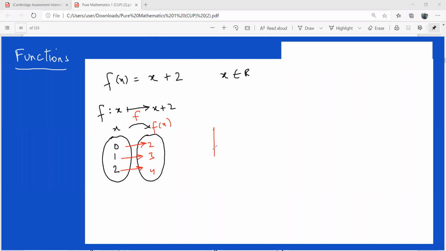This is exactly the same if you have this x and y. You have the equation y equal to x plus 2. When you put your x as 0, you get y as 2. When you have x as 1, you have 3.